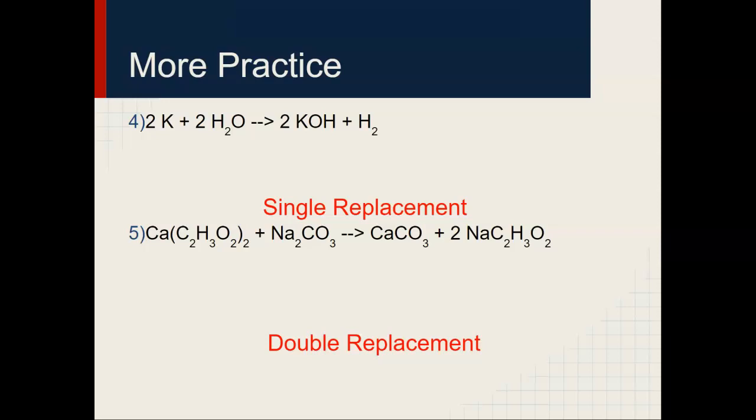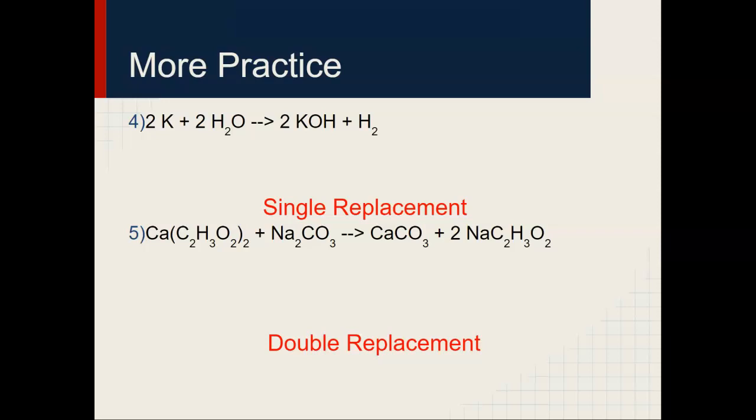You have combustion reactions where you have a hydrocarbon as your fuel source plus oxygen will yield CO2 plus H2O. So that's the only one that can get kind of tricky, especially when you're doing replacements and combustions. You just need to make sure when you're looking at the reactions, if there's oxygen and a hydrocarbon on the left and CO2 and water on the right, it's a combustion reaction.